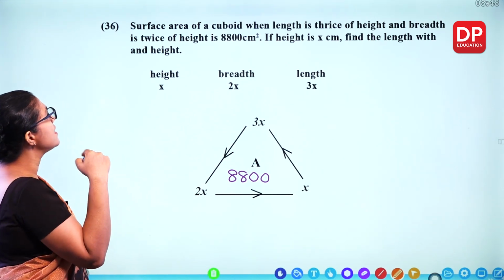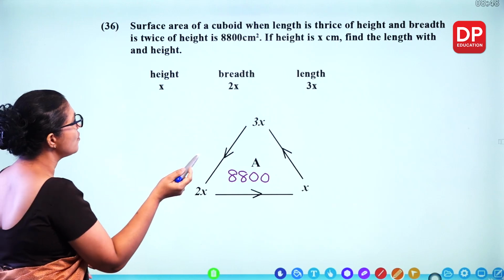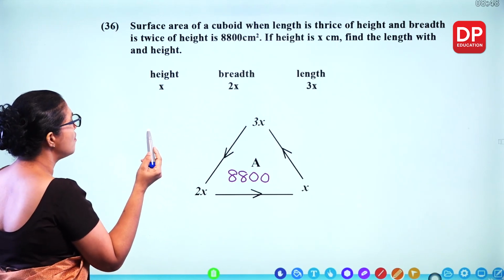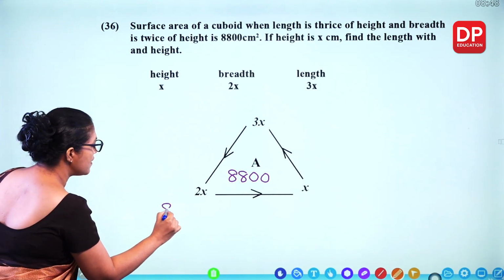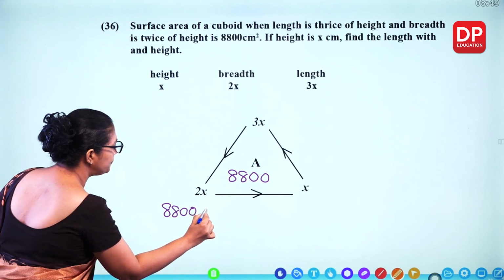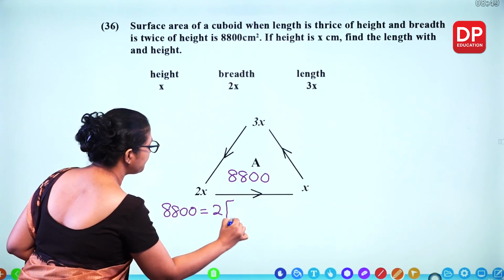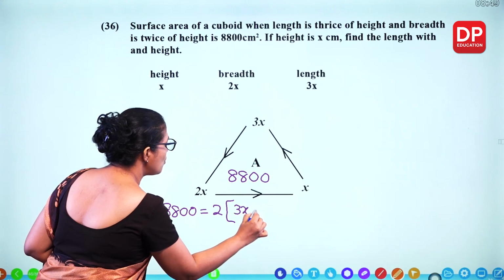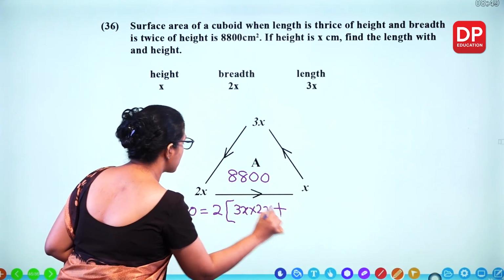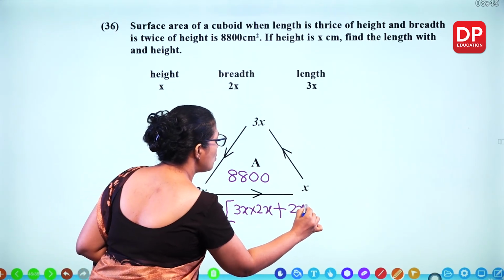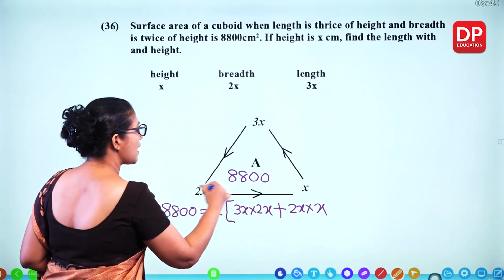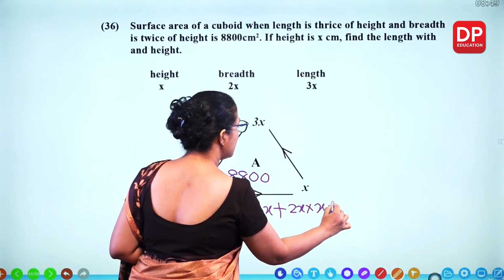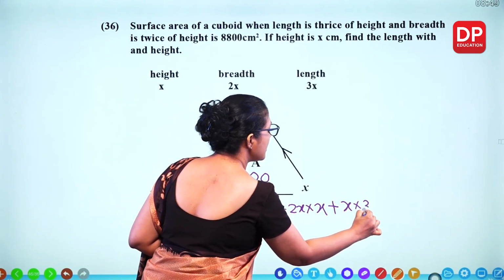Twice of height is breadth. Now you can write down the formula. Surface area is equal to 2 times length into breadth, 3x into 2x, plus 2x into x this side, then here x into 3x.